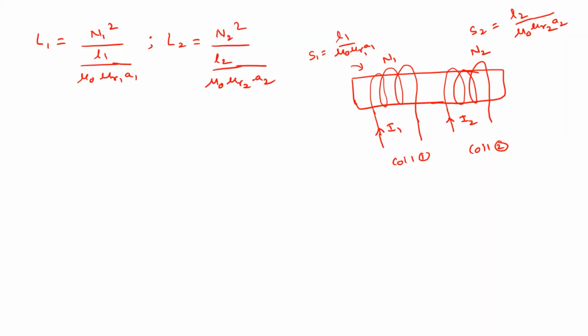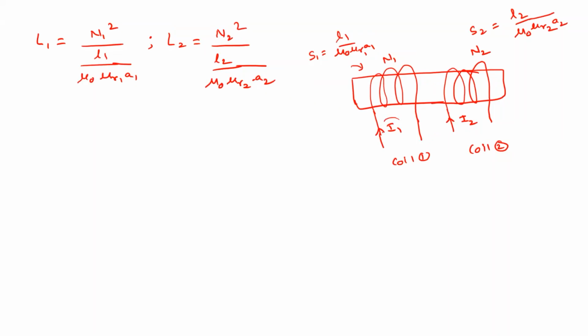Right. So let us assume the two currents flowing are I1 and I2. How many types of fluxes will be present in this circuit? One is the flux produced by the I1 current in coil 1, and the flux produced by the I2 current in coil 2. These two come under the self-inductance category.